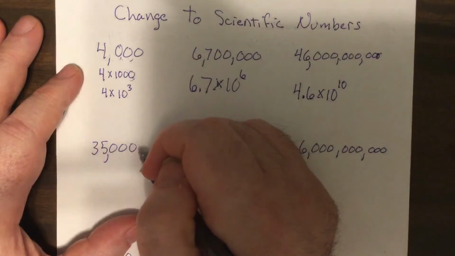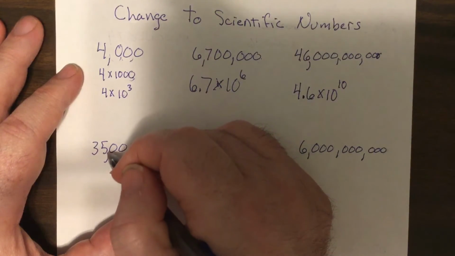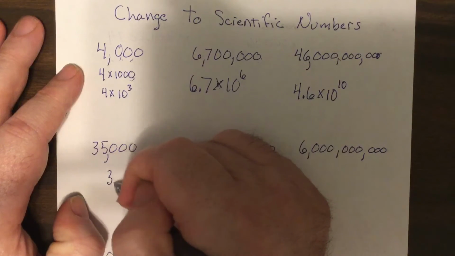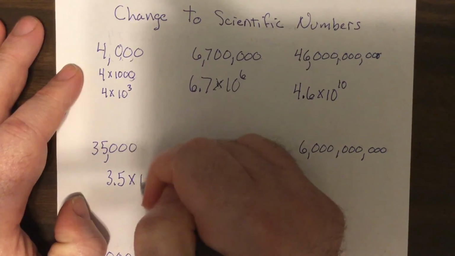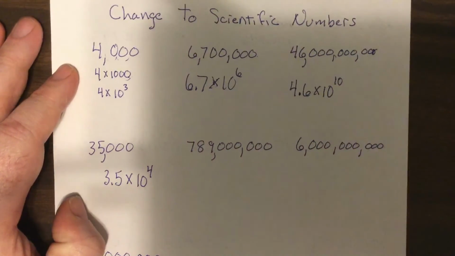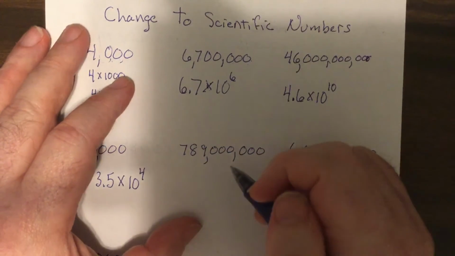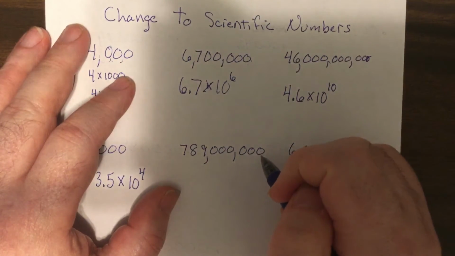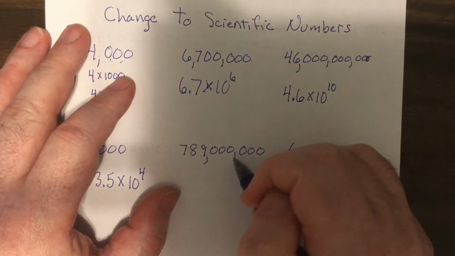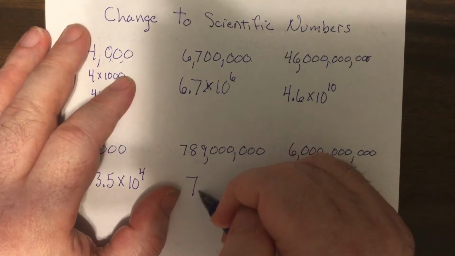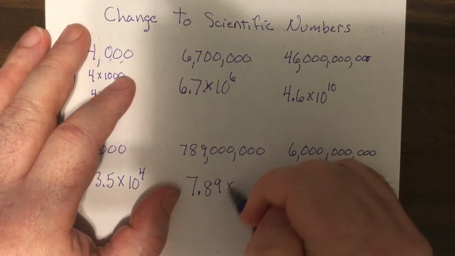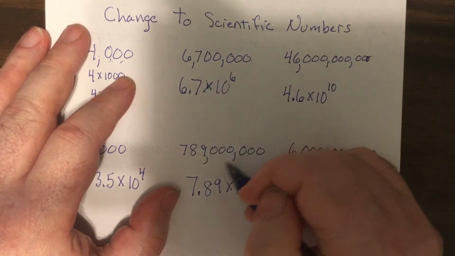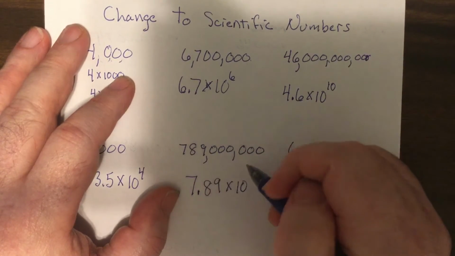So this, 1, 2, 3, 4, so 3.5 times 10 to the 4th. Here, let's see, I need to move it. Oh, 7.89 times 10 to the 3, 6, 7, 8 times.